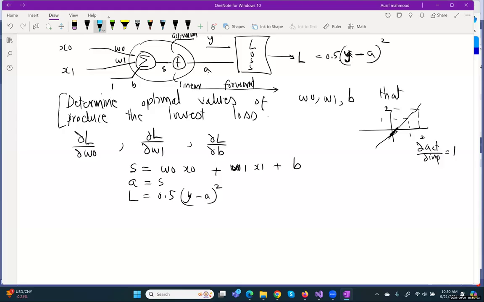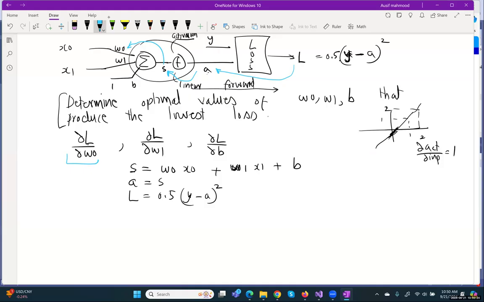We want to calculate partial L over partial W0. Like I said, if we break it into a multi-step problem, from L, let's go to A. From A, let's go to S. From S, let's go to W0, just like I showed you before, right?